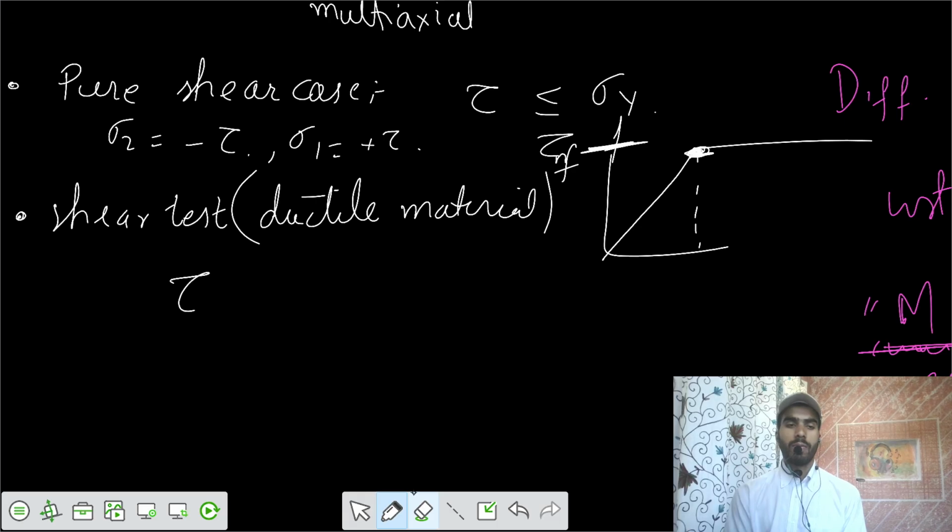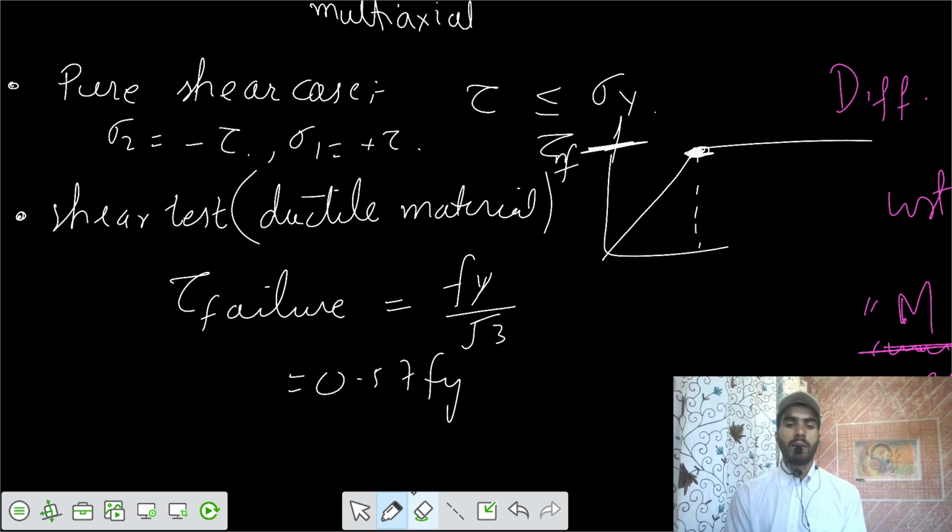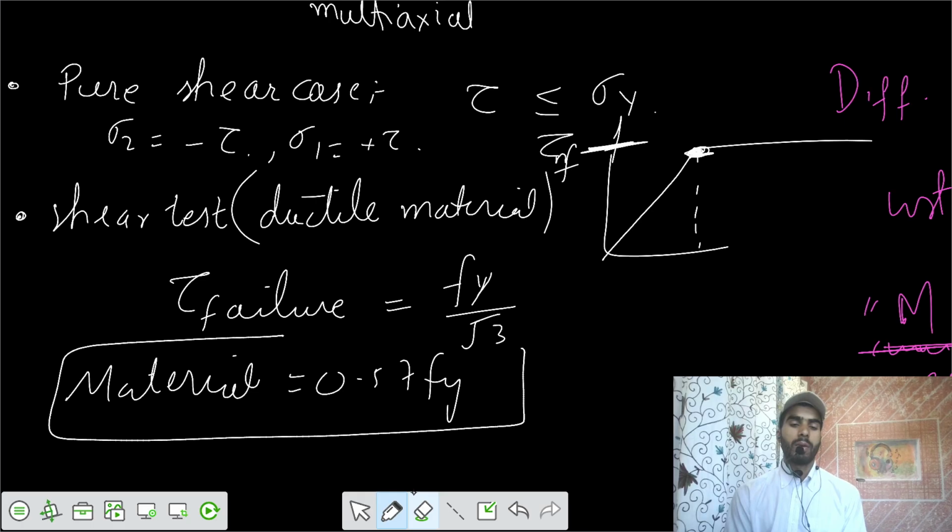It means your material fails in shear at the yield stress with a factor of √3, that's equal to 0.57 Fy. So if you perform a shear test and reach a stress value of 0.57 Fy, the material will fail in shear.